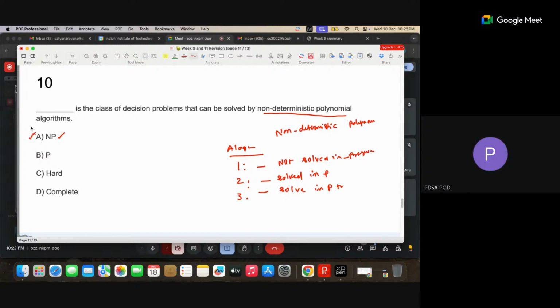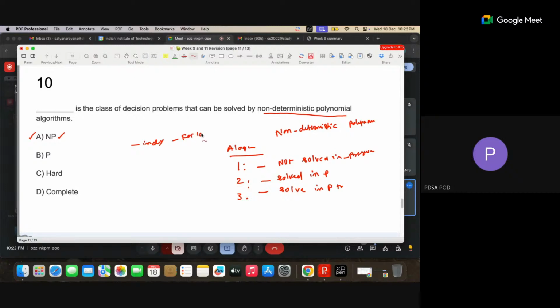For example, take the linear search algorithm. Do you know the linear search algorithm? We have one index position, and we use a for loop iteration.